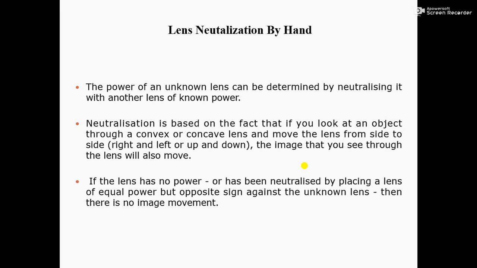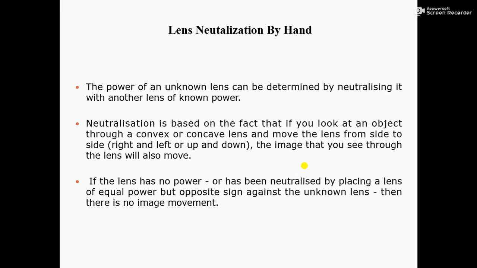So here, neutralization means we will determine the power of an unknown spectacle lens by the known power.